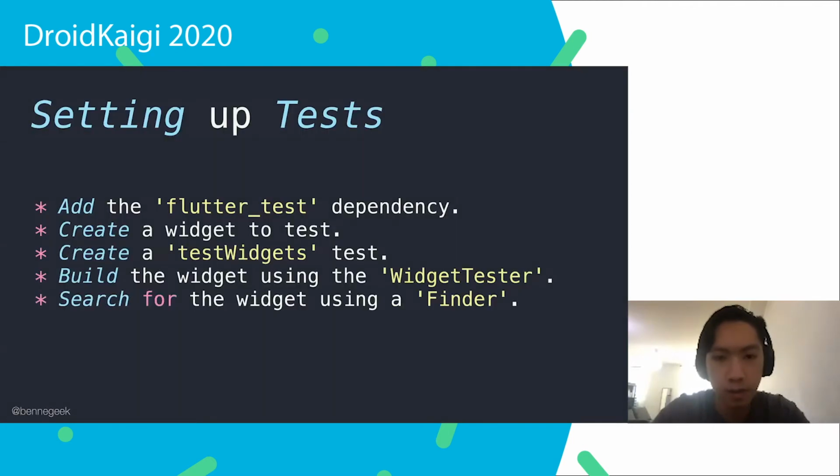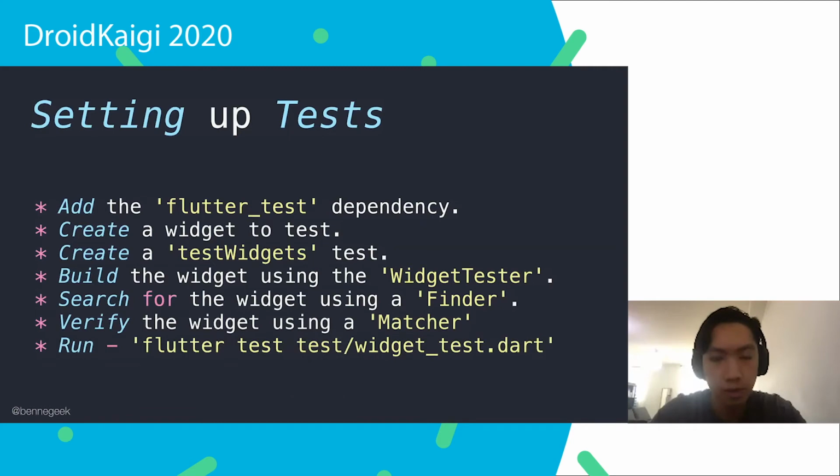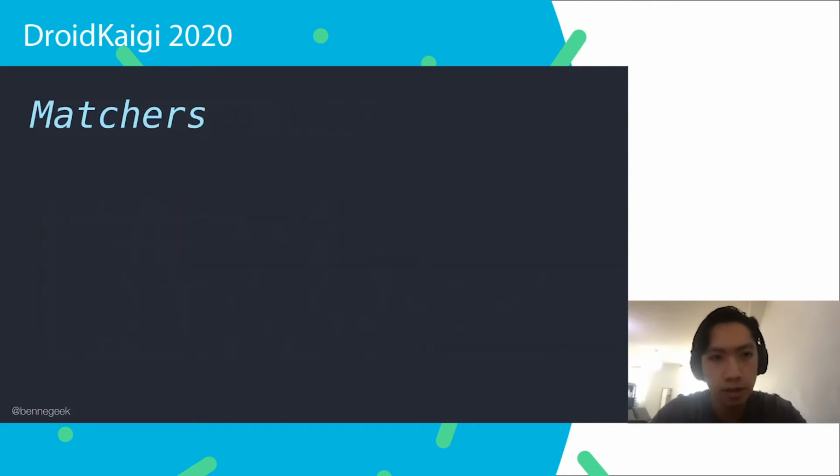You can do that using the finder here to search for the widget, and then you can verify using a matcher. So matcher is something new compared to integration testing. It didn't exist earlier. And we'll go through the types of matchers on the next slide. And then you can run, well, we've already run it, with flutter test.